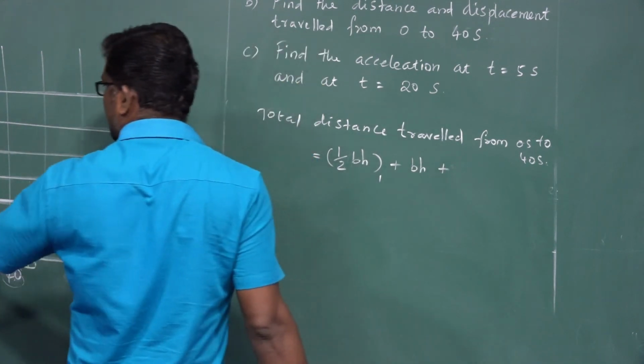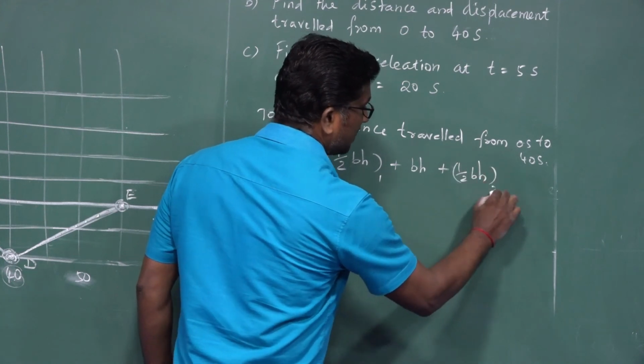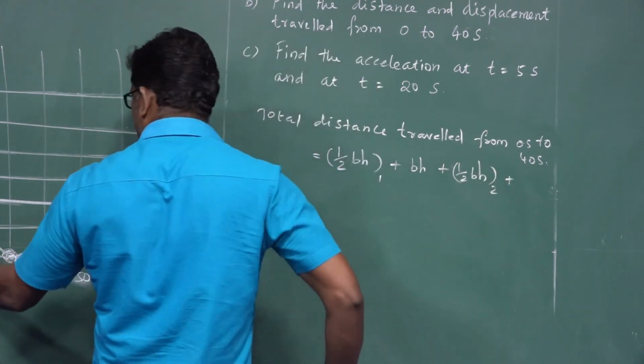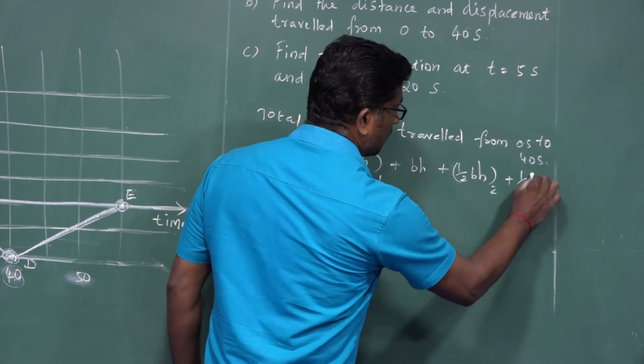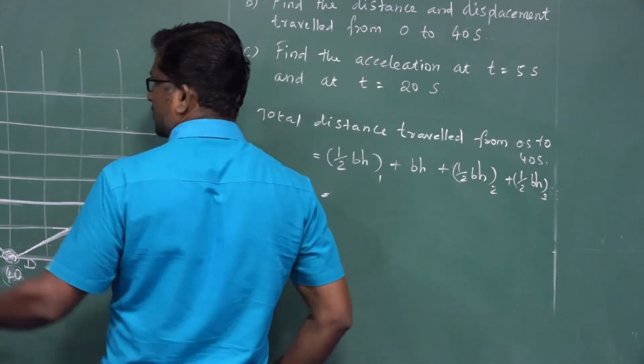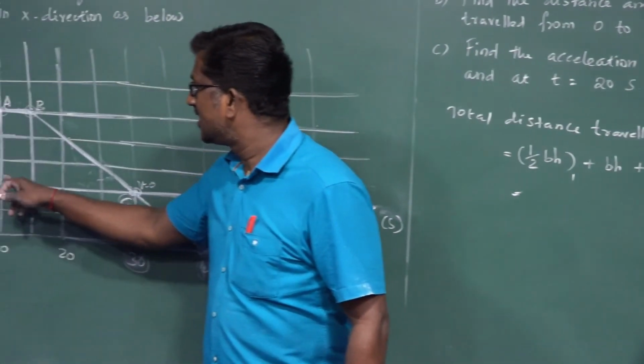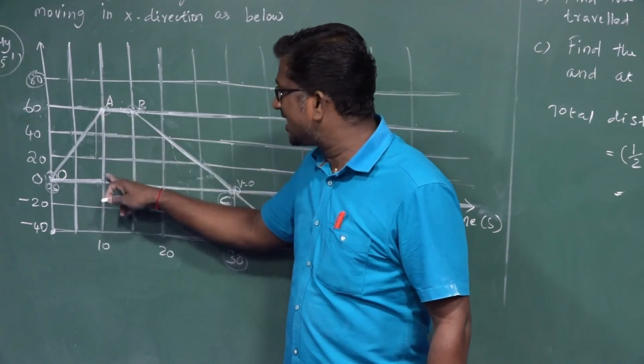Next, the area of the second triangle, half B H2, and the third triangle, half B H3.